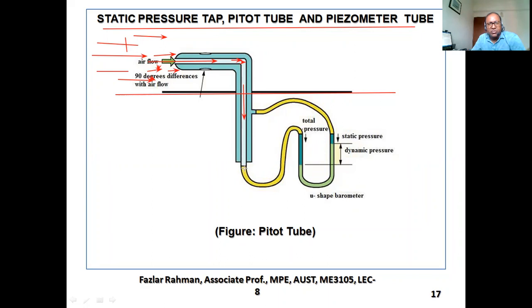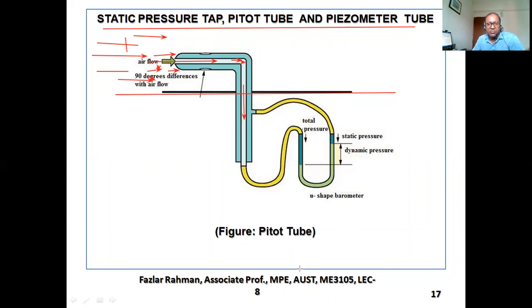So if we attach a tube through a hole, and through this tube we attach another hole, you will see there is a barometric pressure difference. From that pressure difference, you can measure the velocity. Also, you can measure the stagnation pressure of the fluid.